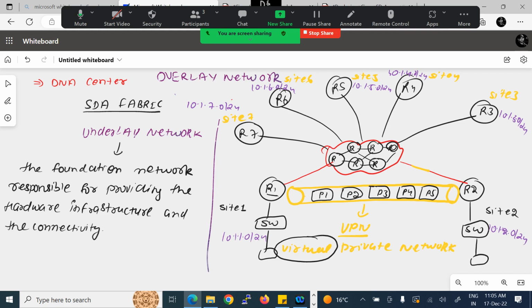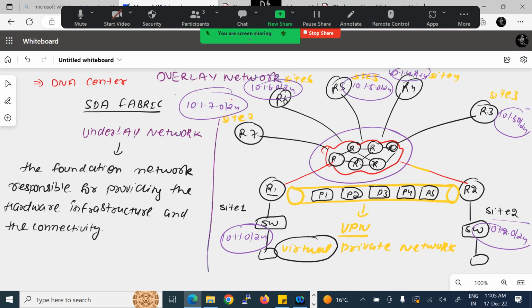But you know that ISP routers will not have any idea of these networks. But still, we are able to send traffic from this network to this network, from this network to this network, from this to this. How is it even possible?